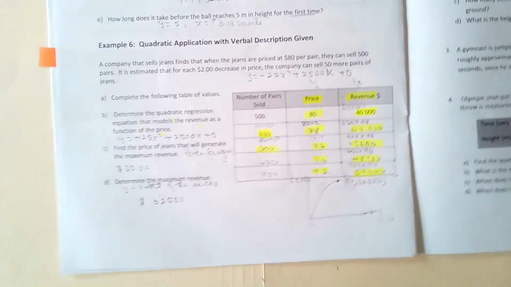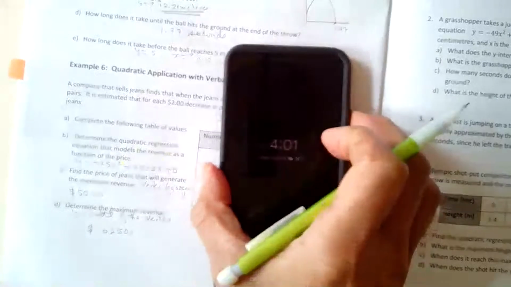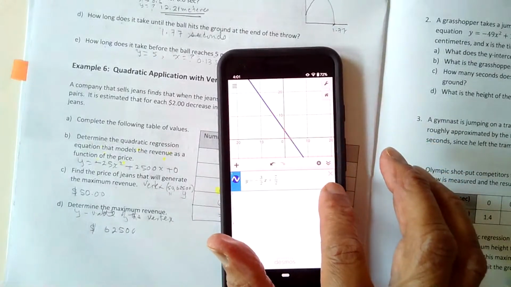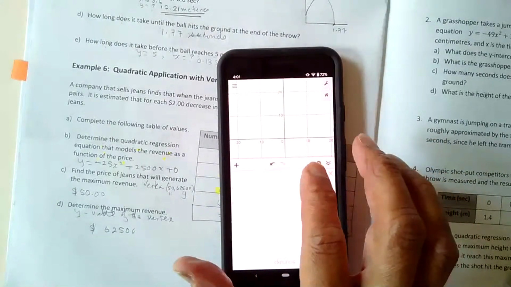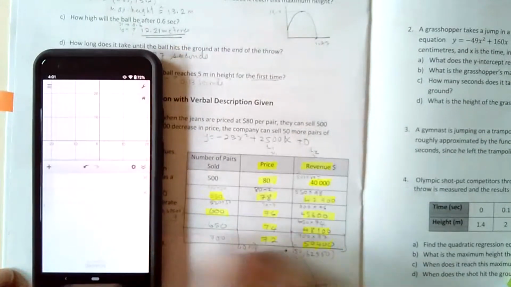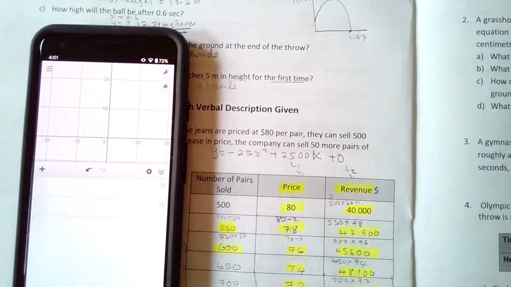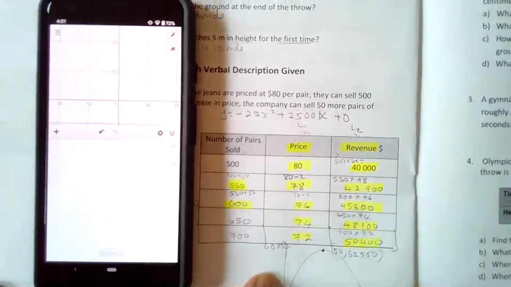For Desmos, I'm going to demonstrate just for those people using Desmos. I'll clear all these here. Once you have your data, you're going to enter this data into your computer or your phone.